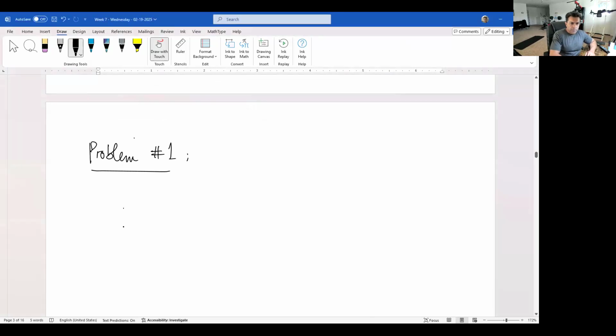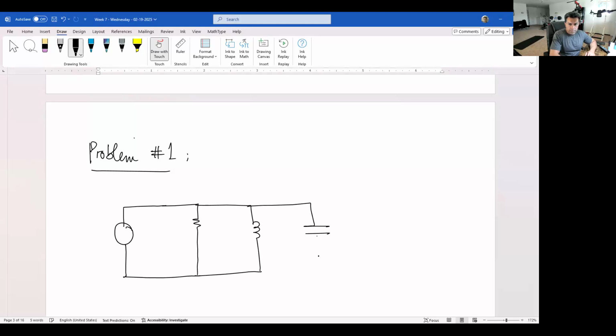Let's say we have a current source, IS, which is 10 amperes, 10 u(t) e to the power negative t.